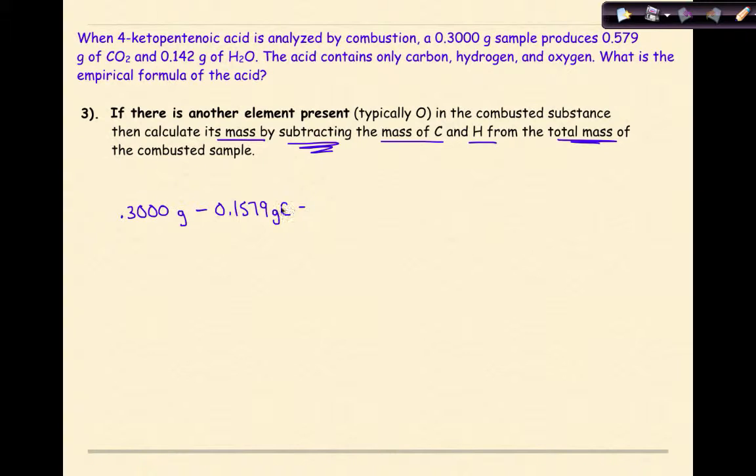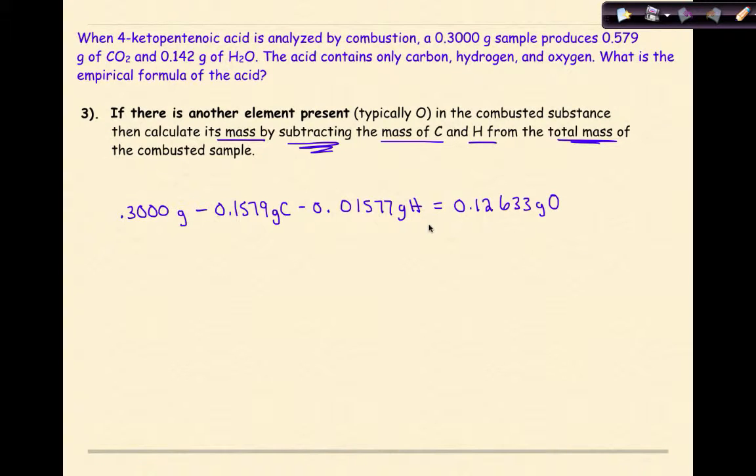I'm going to subtract my hydrogen that I just found on the previous slide, 0.01577 grams of hydrogen. And when I subtract these two amounts from my original sample, I find that my mass of oxygen is 0.12633 grams of oxygen. Excellent.